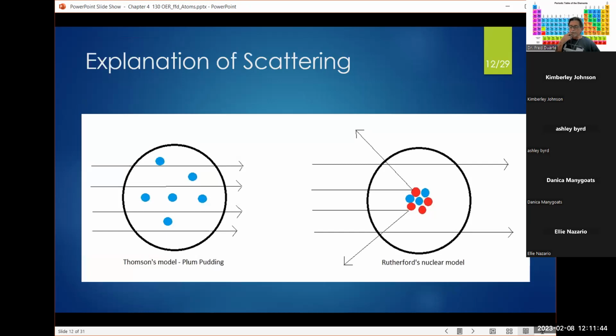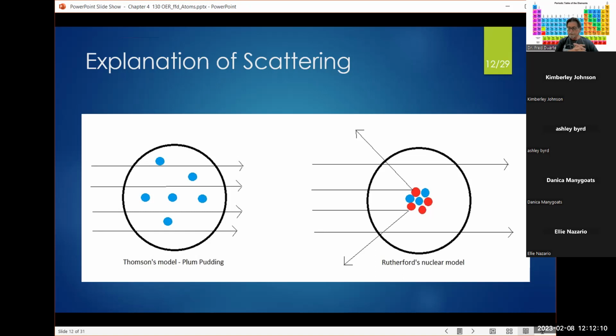So based on Rutherford's work, a new model came forward a few years later. That's the way science goes. More data comes out and we get to reinvent the wheel, if you will. So we have Thomson's model on the left, which was called the plum pudding. And then based on Rutherford's work, he proposed that there's got to be a nucleus, very dense material.